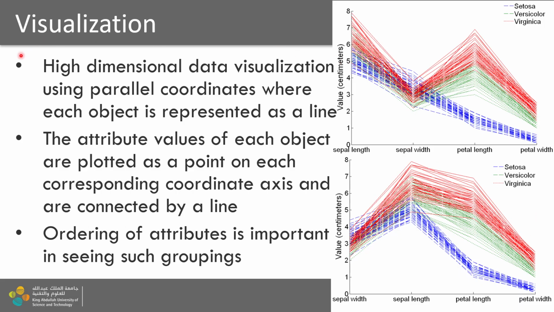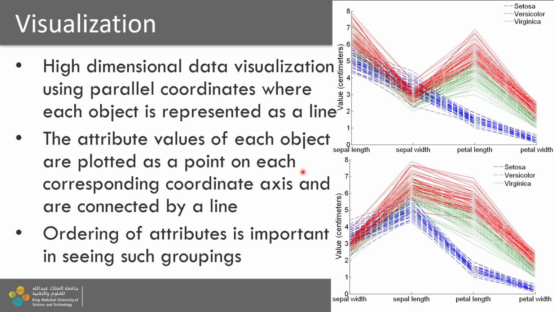these parallel coordinates are also useful for high dimensional data visualization, where the object is represented by a line, and the attribute values of each object are plotted as a point on each corresponding coordinate axis.